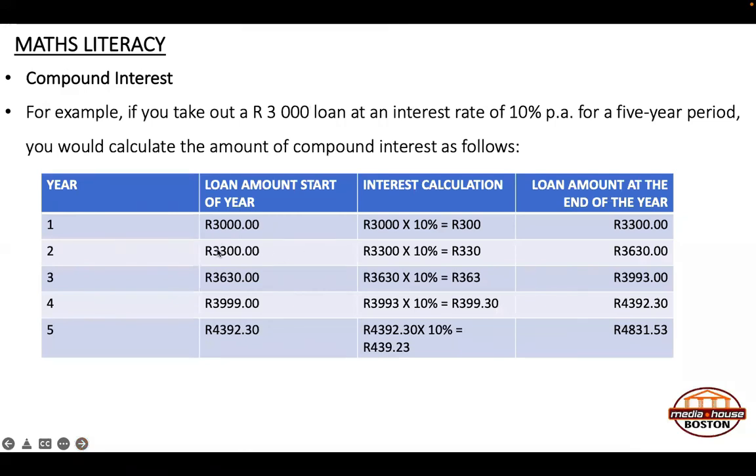If you take out a 3,000 Rand loan at an interest rate of 10% per annum for 5 years, you would calculate the amount of compound interest as follows. 3,000 times 10% is 300 in the first year, that's 3,300. Then we take that amount, so they add the interest, and then they do the interest calculation the next year with the amount added to the interest. So then it's 3,300 times 10%, and you'll get your amount, and it continues in that way until the loan is paid off.